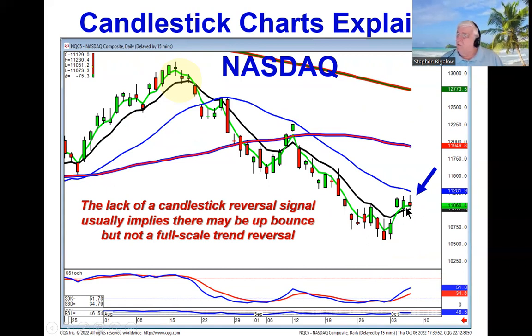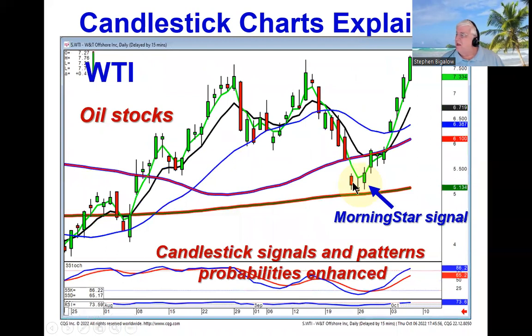So what we do to enhance our probabilities that we're in the right sector or right stocks is, if we can see a candlestick reversal signal in the oversold condition, that's usually pretty good. But you add the fact that they did it right smack dab off the 200, a moving average that everybody could see, that enhances the probability that you're now in an uptrend.